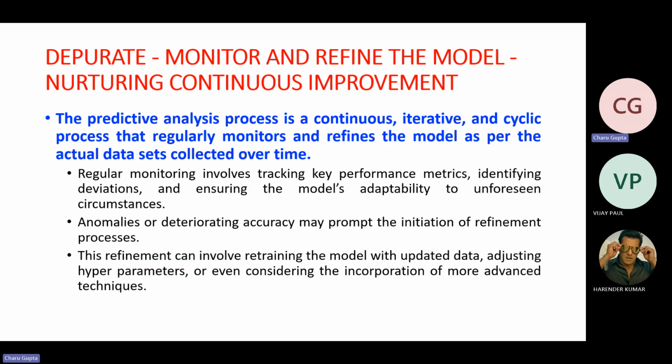The last step is to monitor, which means regular monitoring. We need to monitor the results. It may so happen that while conducting the experiments on the historical data, we get the best results using algorithm 1. But when we implement it in the real world environment, there are certain deviations and anomalies due to which our algorithm is not working perfectly as we predicted, or as the results we received in the experiments conducted.